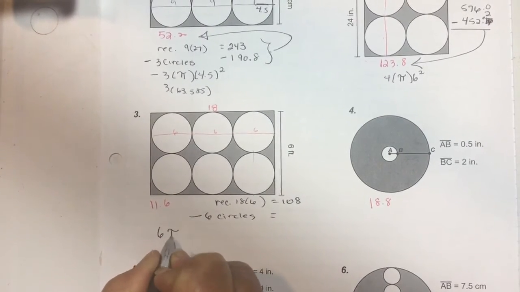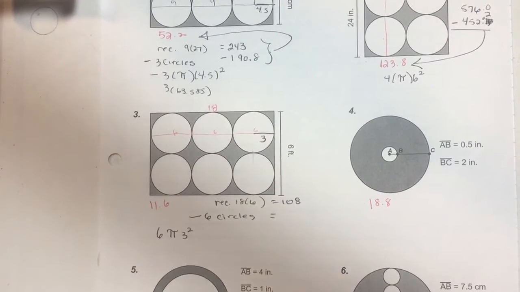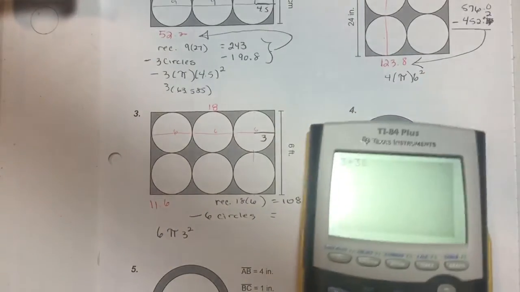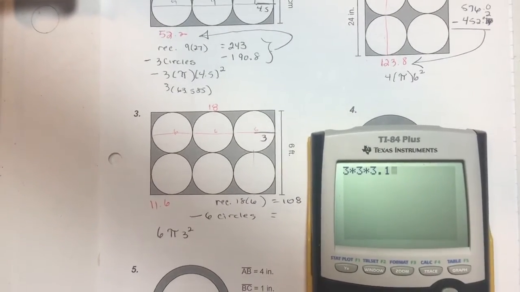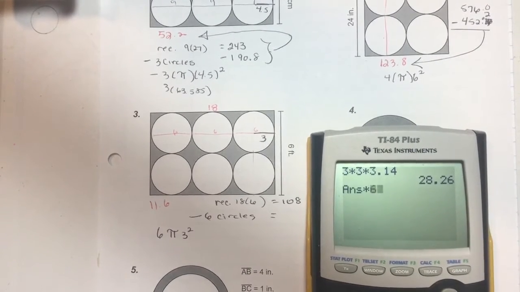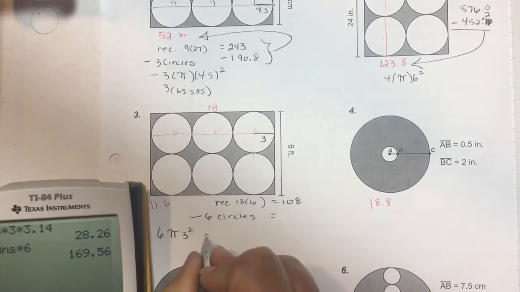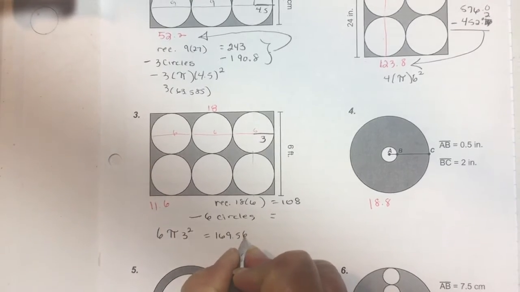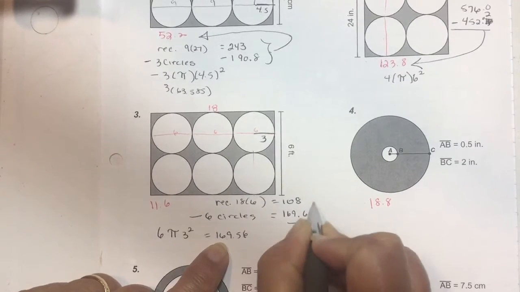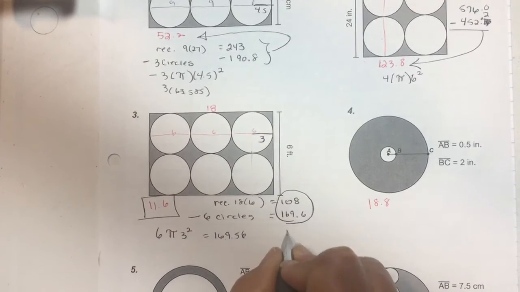Each circle is pi times a radius of 3 squared. So 3 times 3, multiplied by pi, that's each circle. Since there's 6 circles, you're going to multiply by 6. And you have 169.56. So we're going to round that to 169.6. You're going to subtract and get your answer of 11.6.